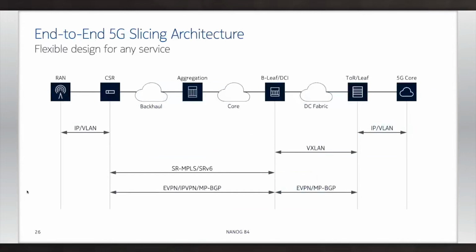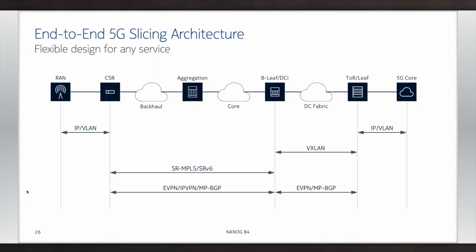And just a quick slide on the end-to-end architecture. So we have all of the encapsulations here from all the way in the left from the radio to the core. You have EVPNs, you have IP VPNs for layer 3 VPNs, with BGP being the control protocol end-to-end, which makes it easier to provision end-to-end. It could be segment routing or maybe segment routing v6 as well here.